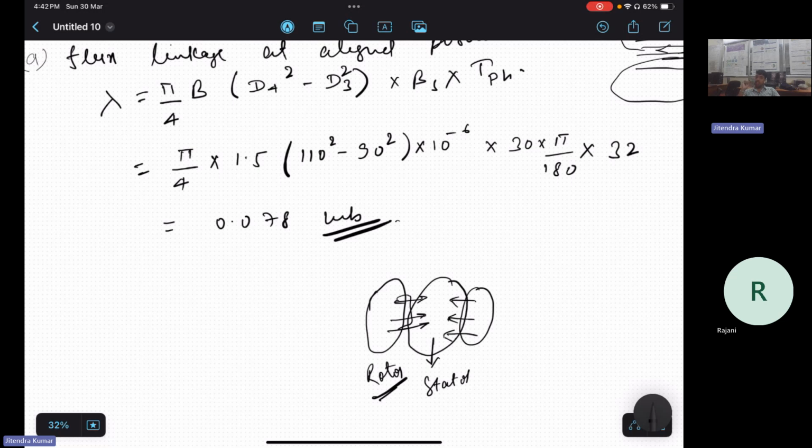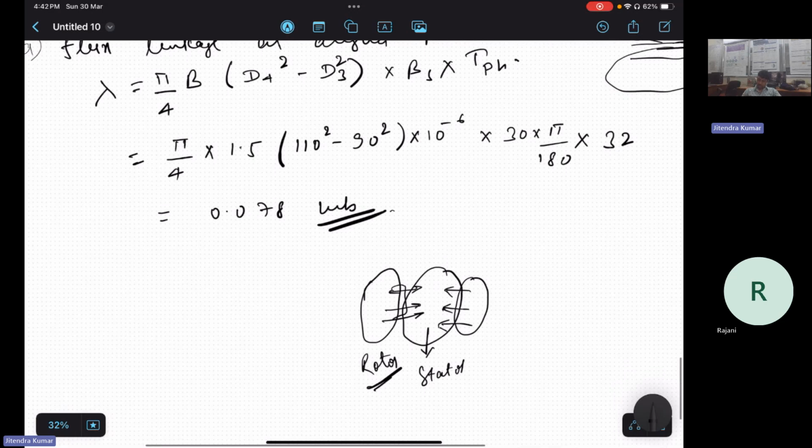Have you heard of unbalanced pull? Since a permanent magnet is there, it will exert a strong force. Because of that, the stator and rotor will not be able to align properly. There will always be a mismatch or imbalance between them.